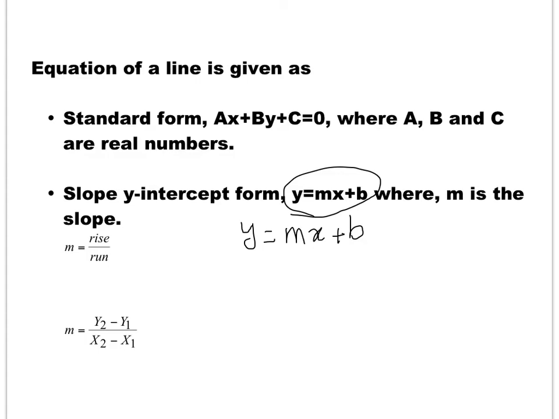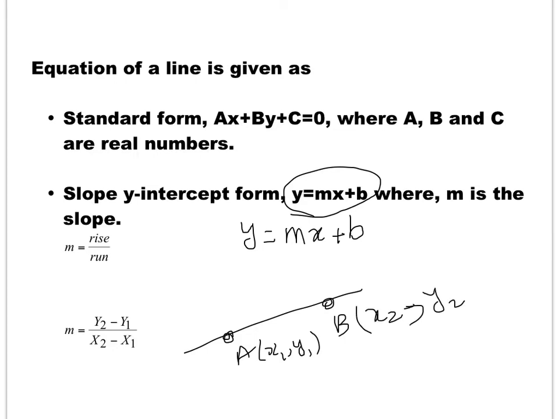Again, y2 and y1, x2 and x1 are the x and y coordinates of 2 points. Let's say the line is AB. Point A is x1, y1, and point B is x2, y2. Then the slope of the line AB is y2 minus y1 over x2 minus x1. So you have to be given 2 points on the line.